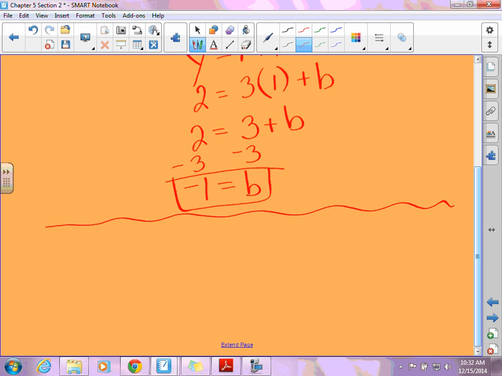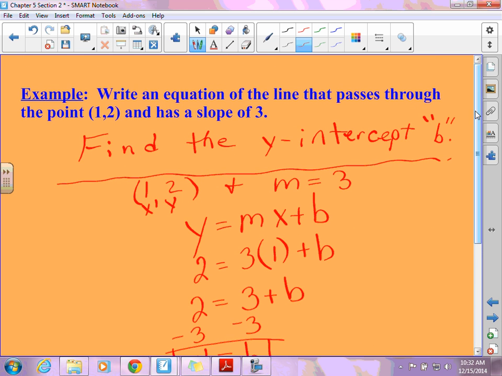Now, just make sure, and I've had students do this today, they don't put it back together. You'll notice the directions say to write an equation. They aren't doing that. So we want to make sure that we do that.